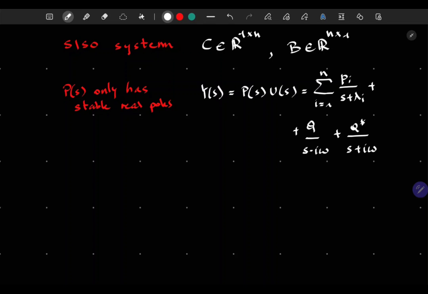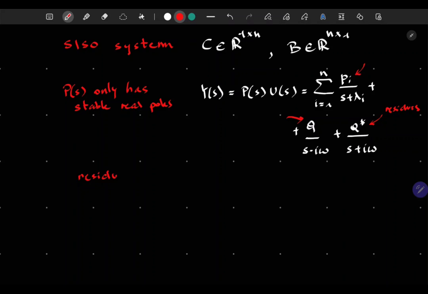And these residues q and q star will be complex conjugates because their responses must have imaginary parts that even out and only leave a real response in terms of the time trace of the output of the system. And the residues p_i, q, and q star can be computed according to the residue theorem.